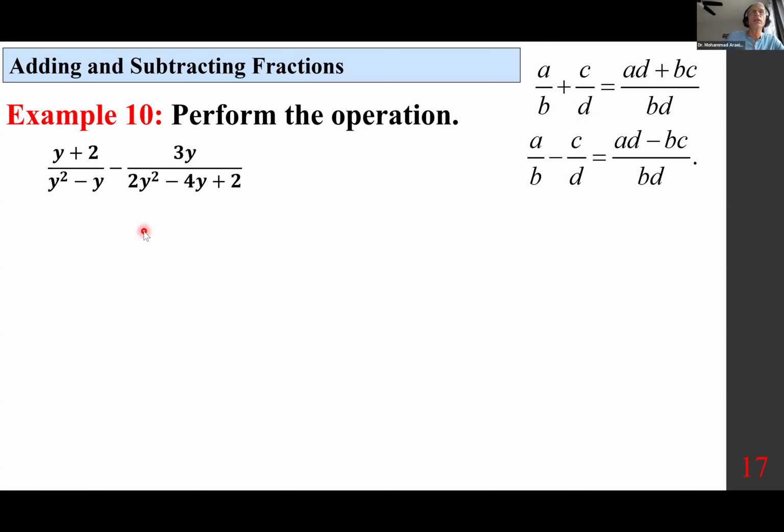So how do we add two rational expressions? First and foremost, we factor each denominator. This is clearly y times y minus 1.